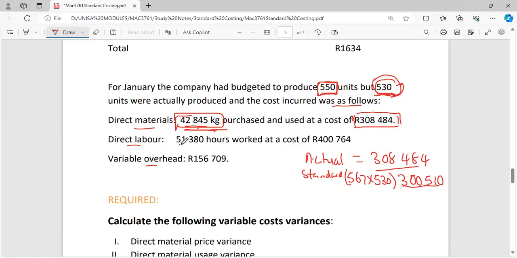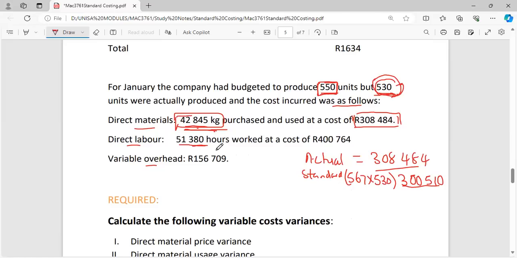So how do we determine our actual rate per unit here? These are the number of hours that were worked.